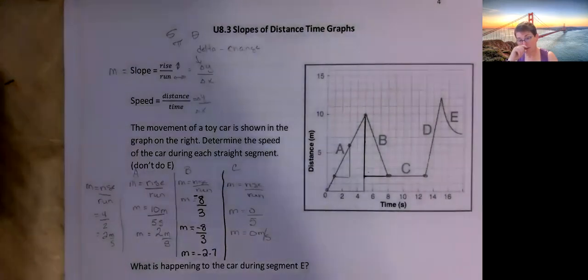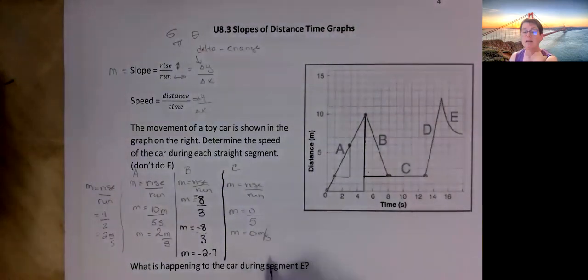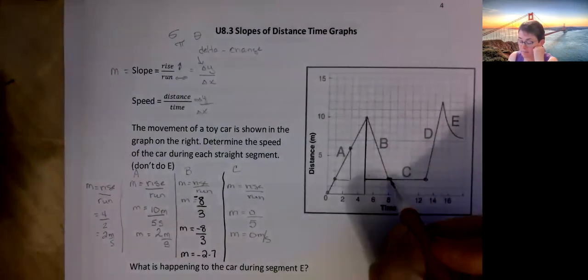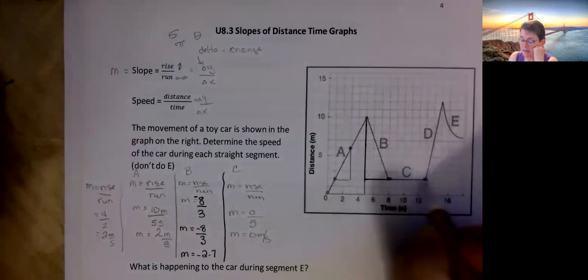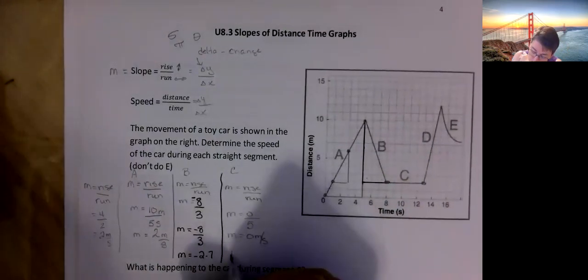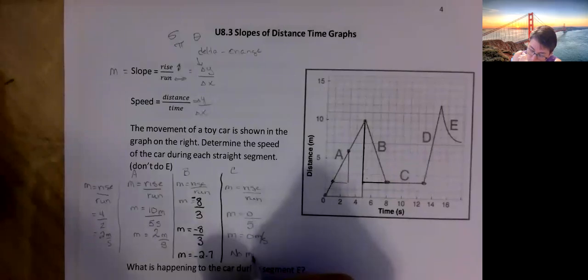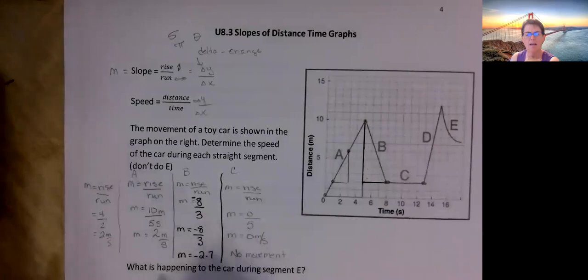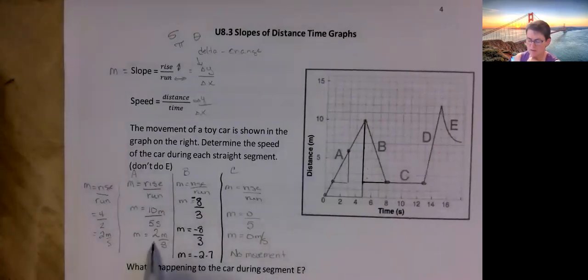And if we think of it in terms of 0 meters per second, what's the object doing? Nothing. It's stopped. So remember that when it's a straight horizontal line, that means no movement. Let's go back for a minute. What does this mean? Okay, so 2 meters per second.